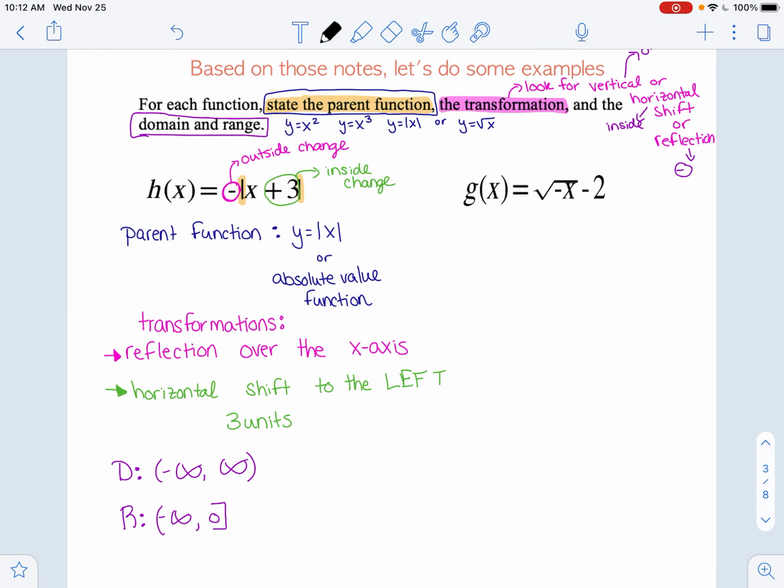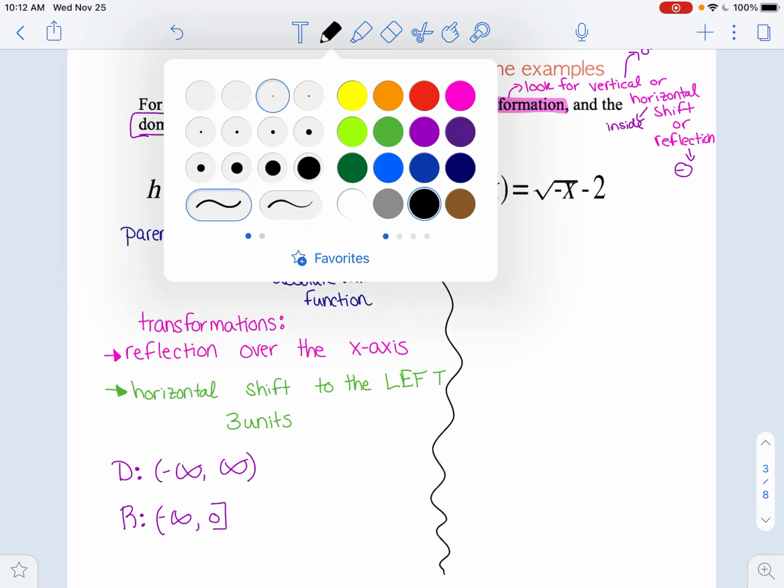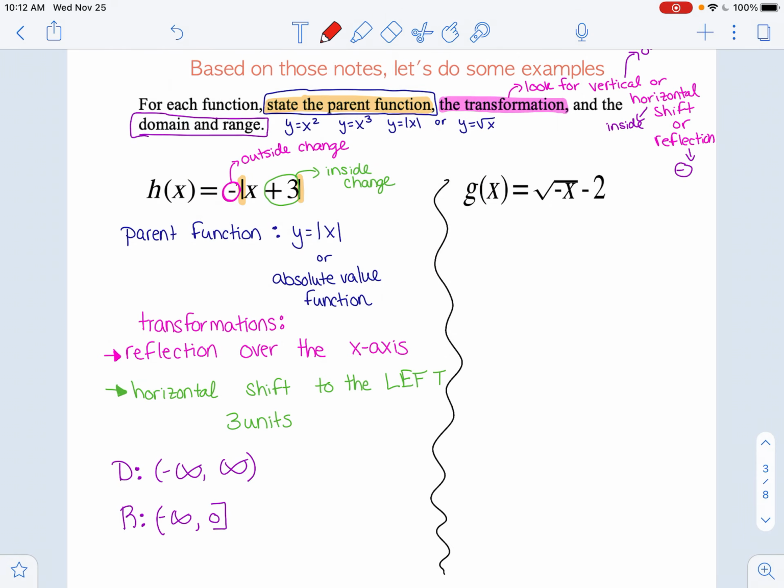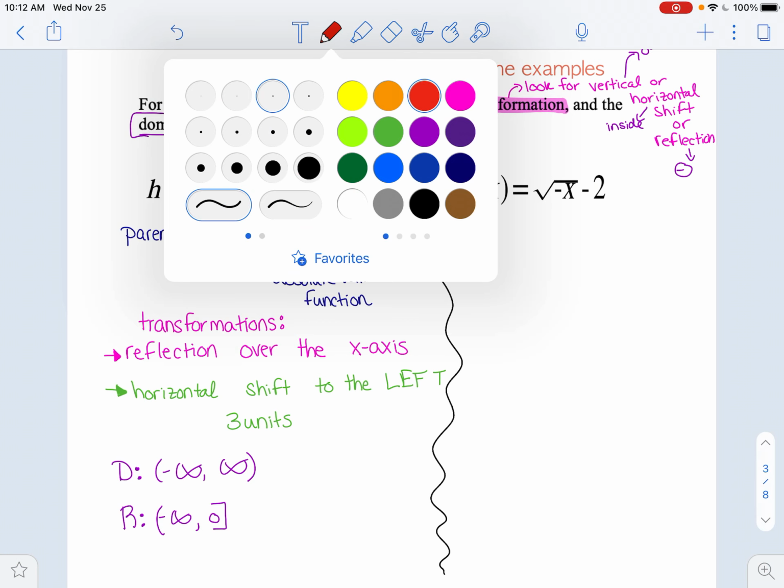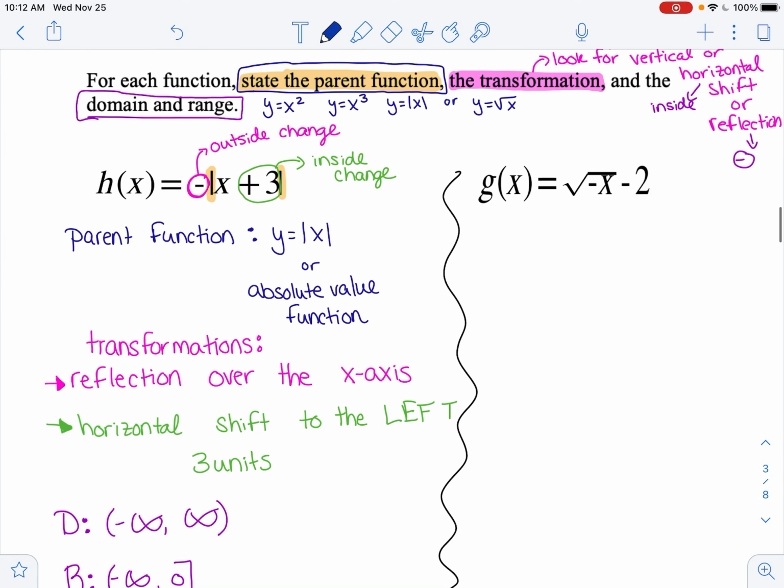Now let's take a look at the other function here, g of x. Let's talk about the parent function. I physically see a square root, look right here. Here's my square root symbol, so that must mean our parent function is the square root function.